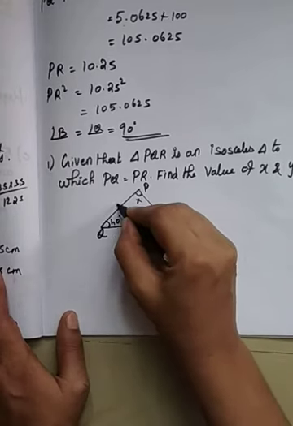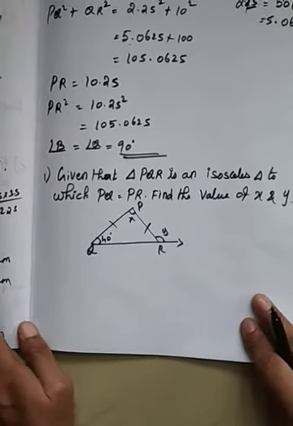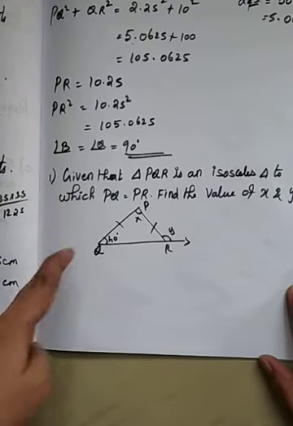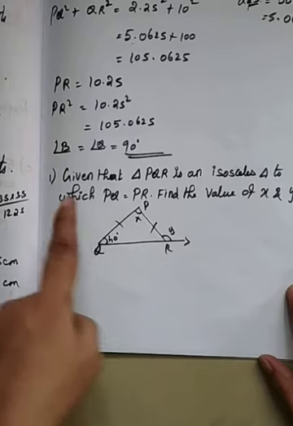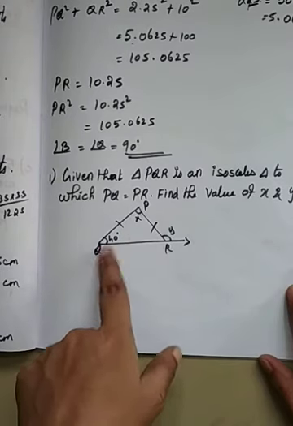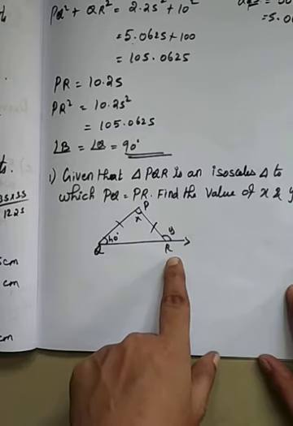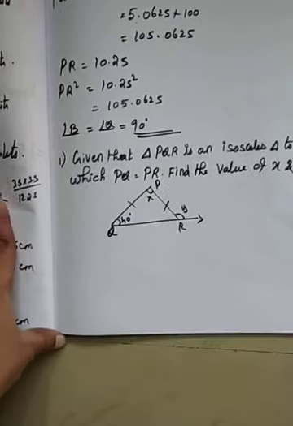Isosceles triangle means two angles are equal. Given that the triangle PQR is an isosceles triangle in which PQ equals PR. So find the value of x and y. How can you find that?